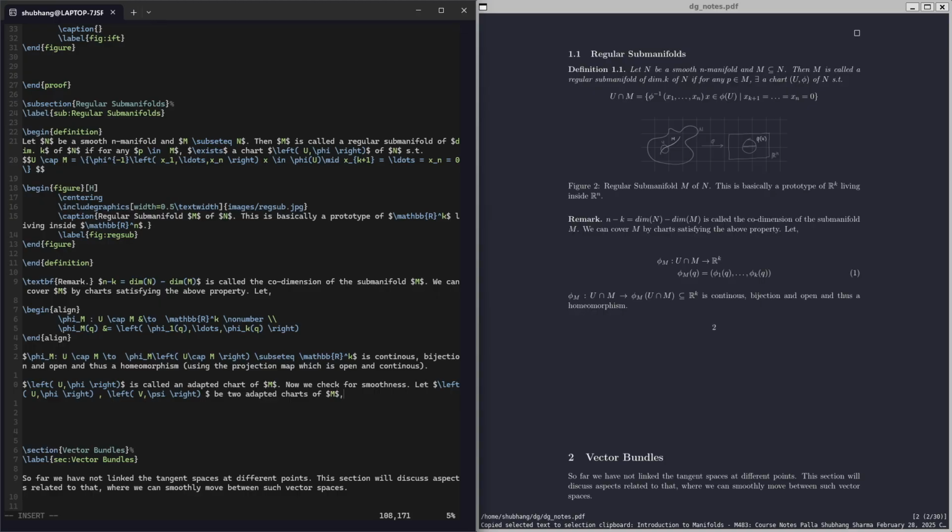Basically phi inverse of (x1 through xk, 0) is the point, and then you take phi of this, so basically phi_1, which is smooth.